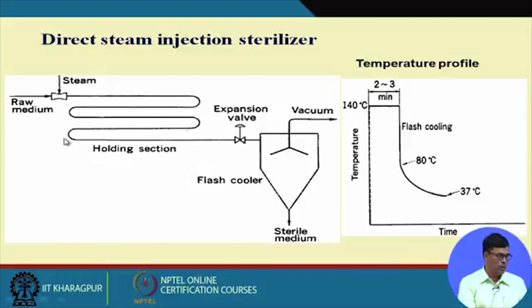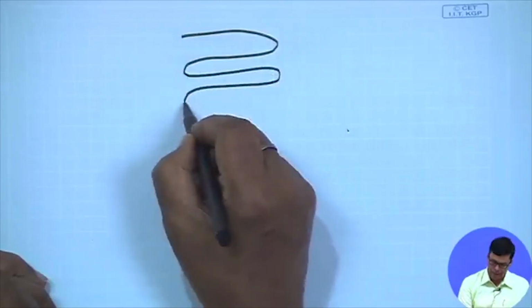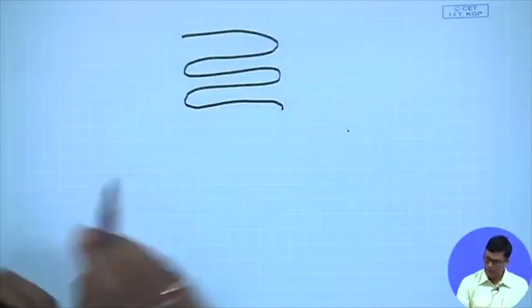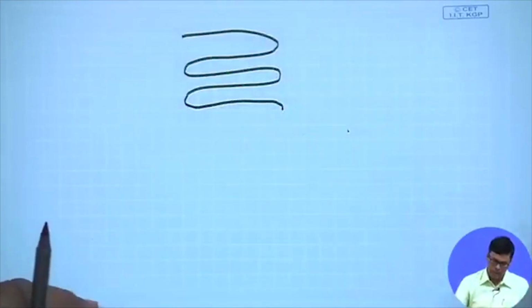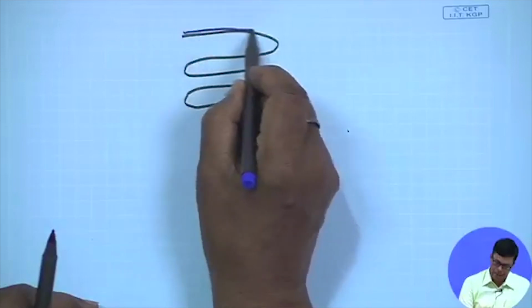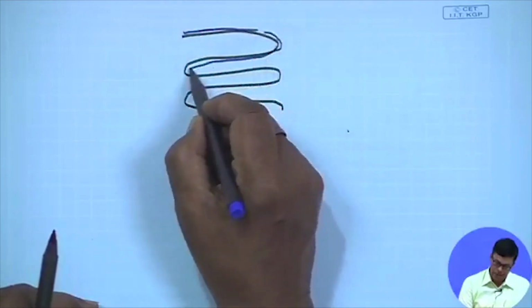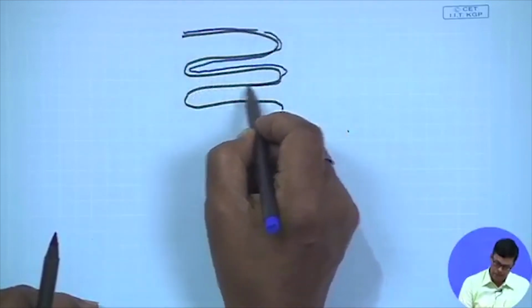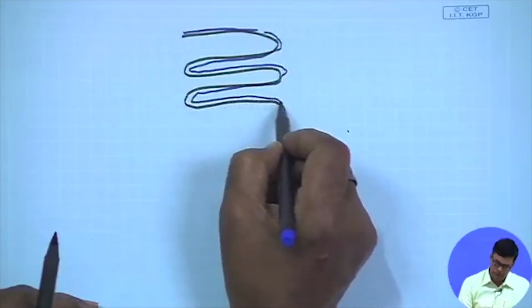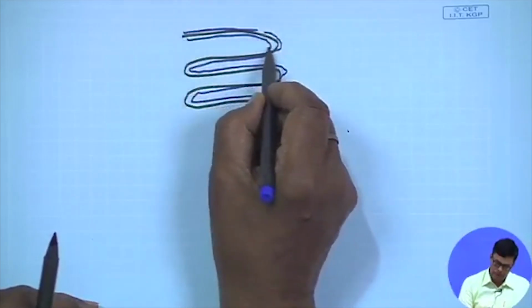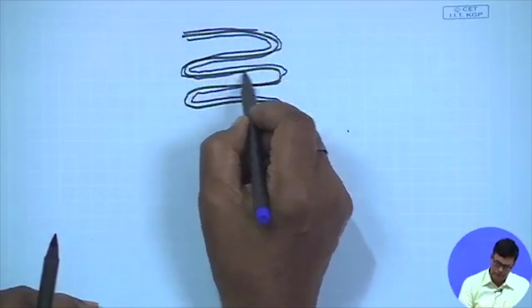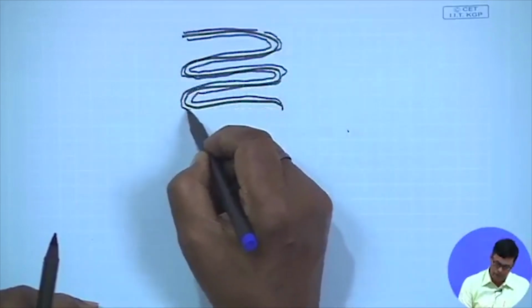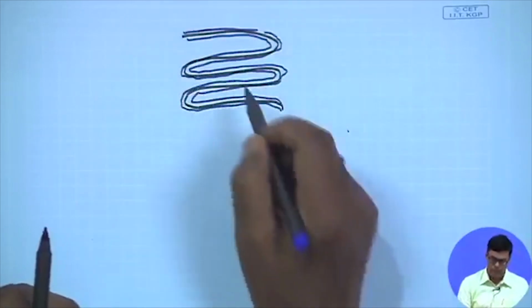This is the pipeline, and this pipeline is insulated. I want to draw it like this, insulated like this, so that there is insulation outside the pipeline and the heat loss is minimum.